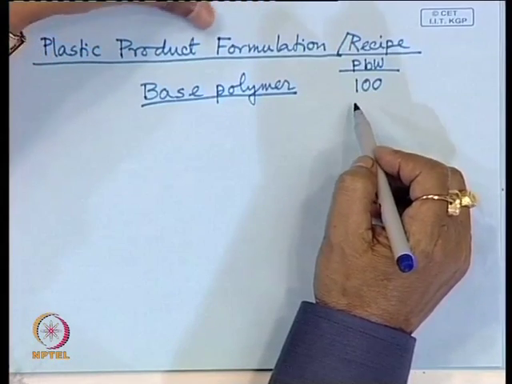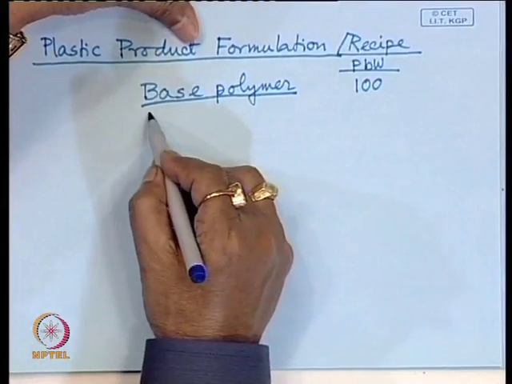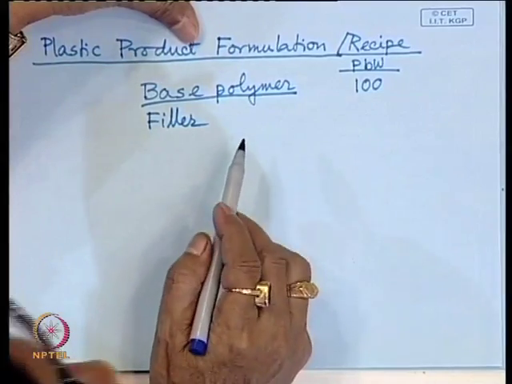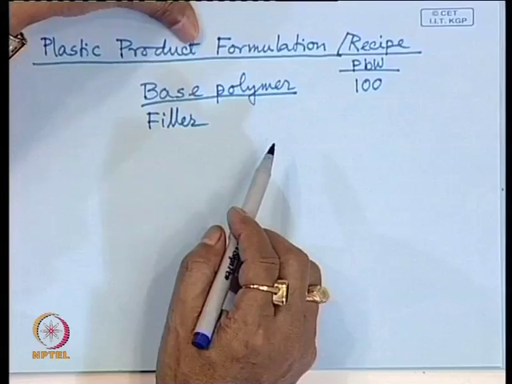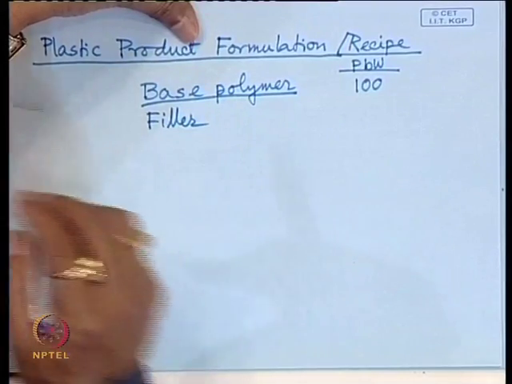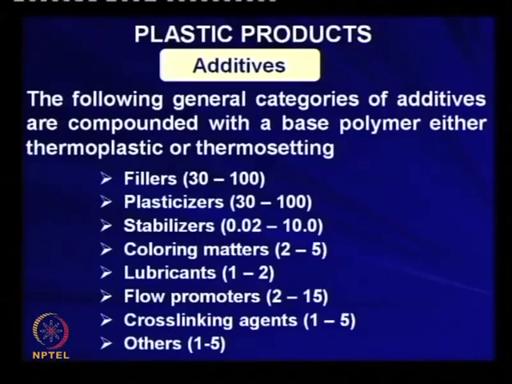Then corresponding to that base polymer, what is the amount of filler? That again depends on the type of products we are going to make. Here in this screen, you see there is a range of amount shown, 30 to 100, even less.